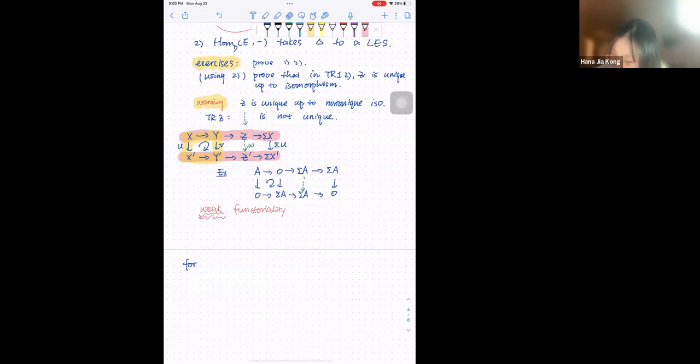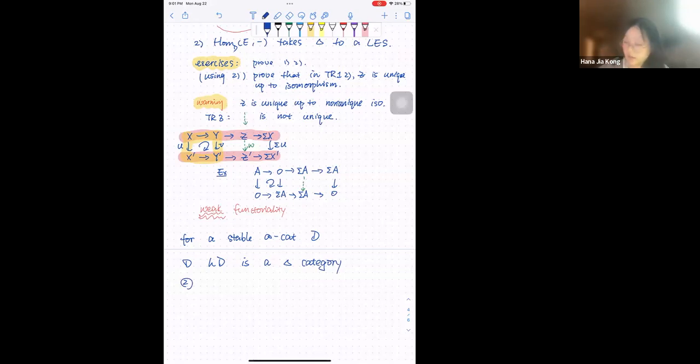So if I have a stable infinity category D, we talked about yesterday that the homotopy category is a triangulated category.